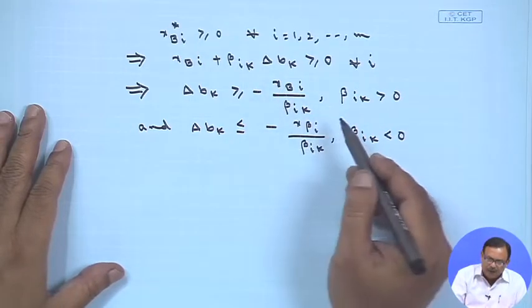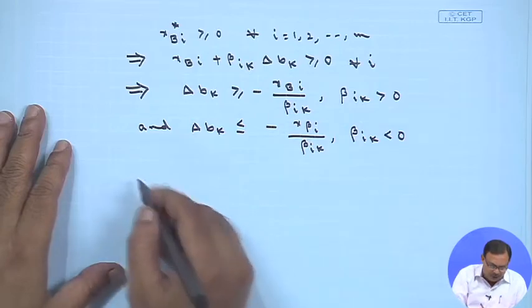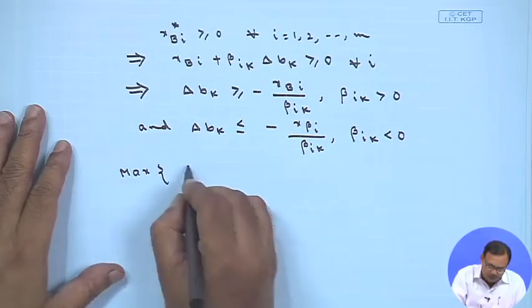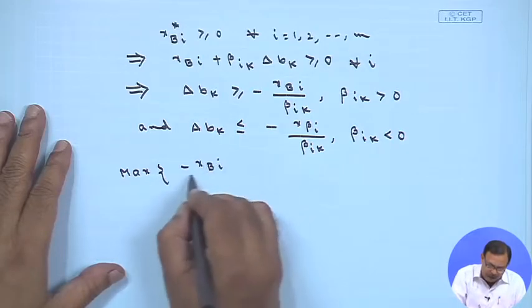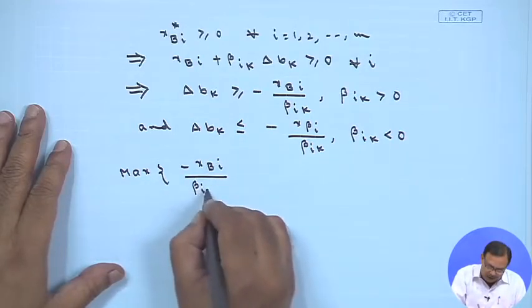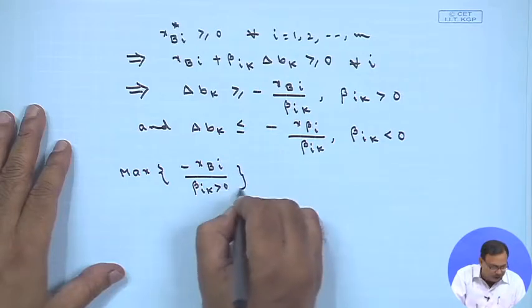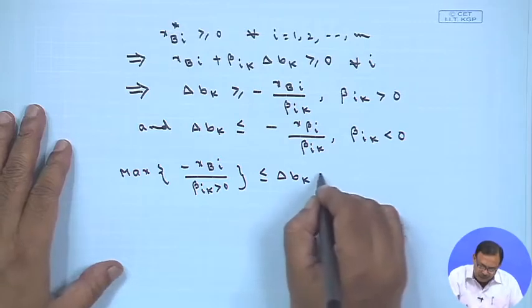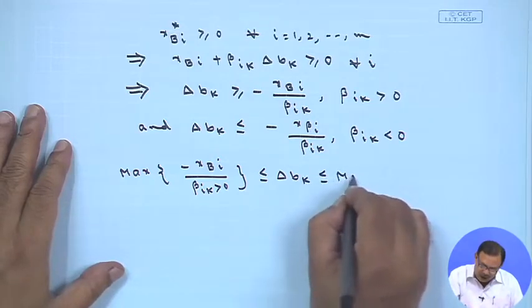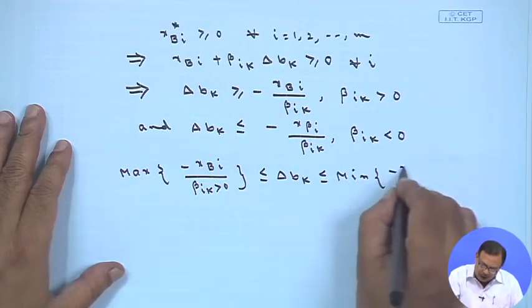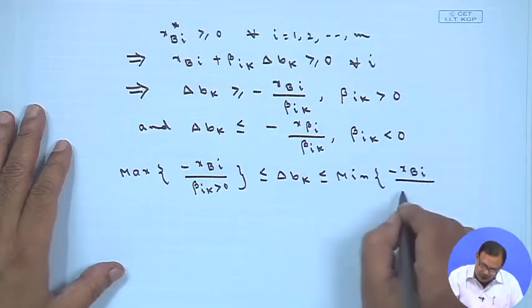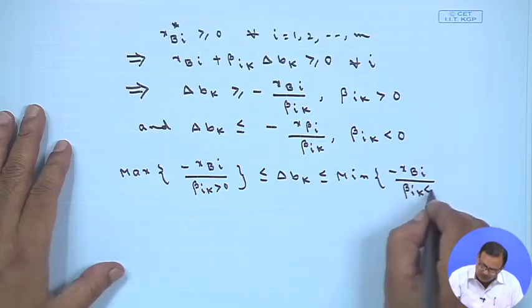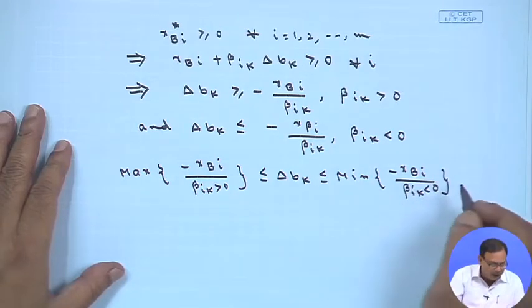If I combine these two, the condition for feasibility will be: maximum of minus x_Bi by beta_ik, where beta_ik is greater than 0, is less than or equal to delta b_k, which is less than or equal to minimum of minus x_Bi by beta_ik, where beta_ik is less than 0.